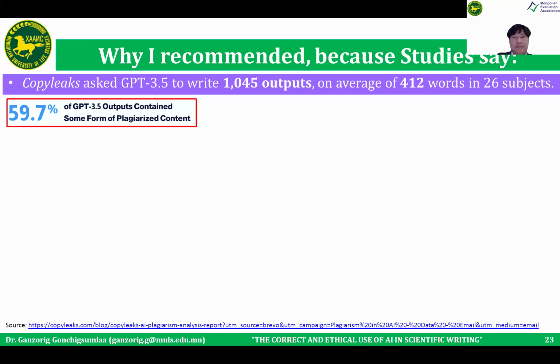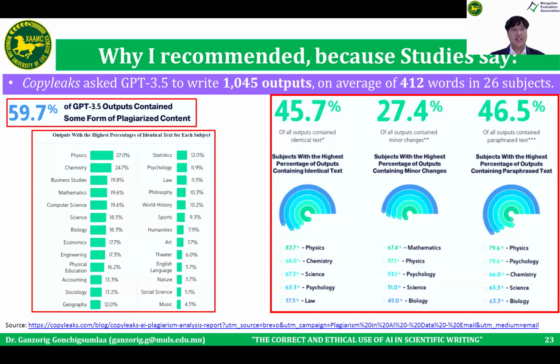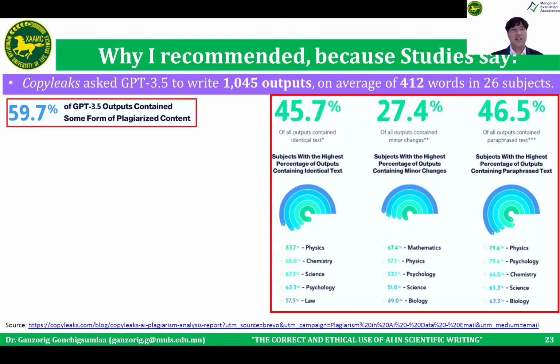So why do I recommend using it ethically? Because I cannot say you shouldn't use it. I recommend using it ethically and correctly. I say this because there is a huge statistic. Copyleaks asked ChatGPT to write 1,000 outputs, on average 400 words, in 26 subjects.